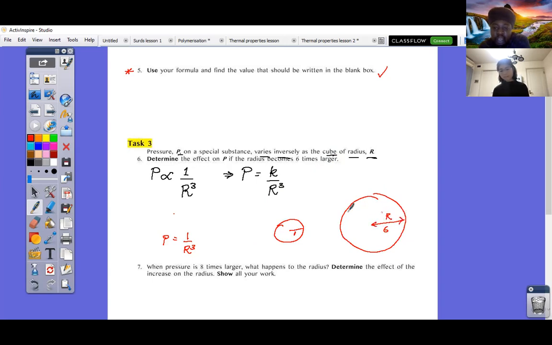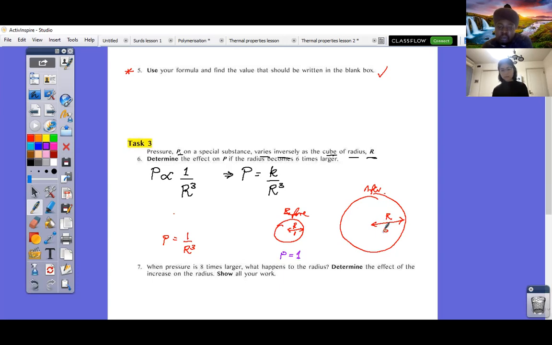That's my radius there, and that's my radius there. This is before, and this is my after. At the moment with the radius equals 1, the pressure is 1.